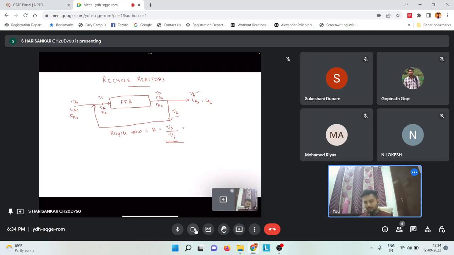And for this also, we can find the general design equation by using the normal material balance, and the design equation comes to be tau, which is V CA0 by Fa0, is equal to R plus 1 into the integral from CA1 to CAF of minus dCA by minus RA, where CA1 is (CA0 plus R CAF) by R plus 1, the concentration here.